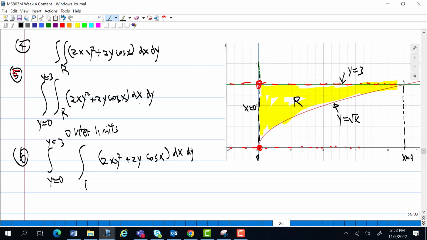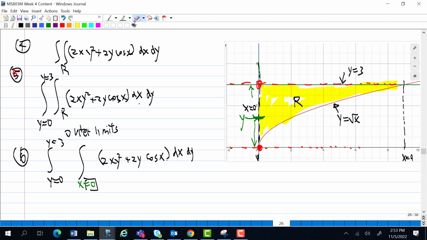We're going to fix anywhere y between 0 to 3, and then you see what is the possible value of x you can get. The nearest x you can get into an entry here is x equal to 0, the yellow region.